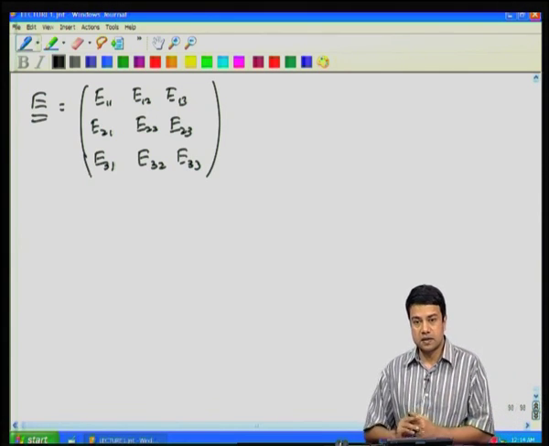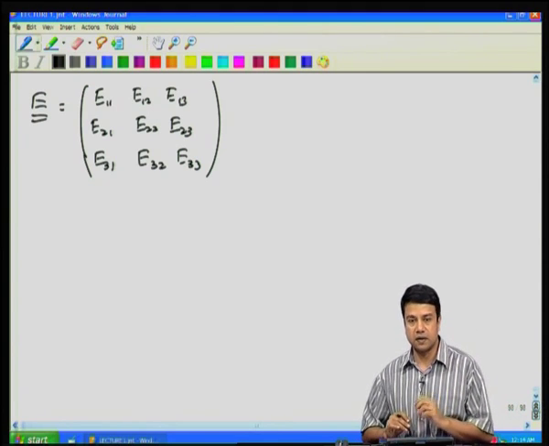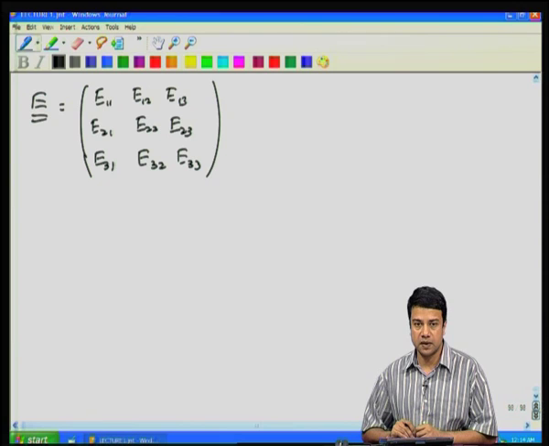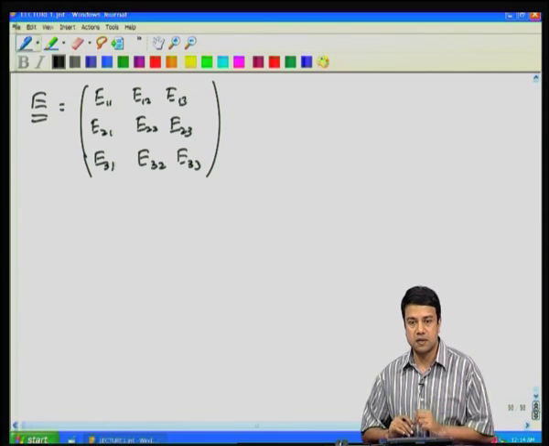For this tensor, there are certain quantities, certain properties of this tensor that are invariant under coordinate transformation. And therefore, if you want to write a constitutive relation which is coordinate frame invariant, that constitutive relation can depend only upon the invariant measures of this tensor.